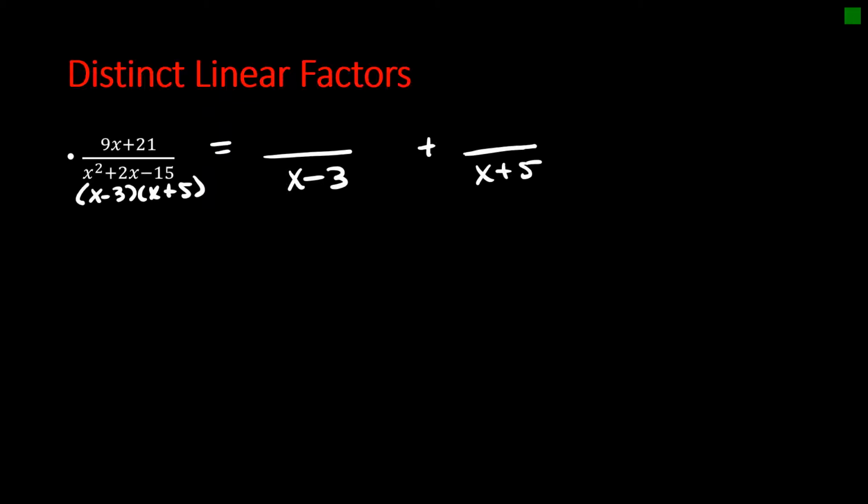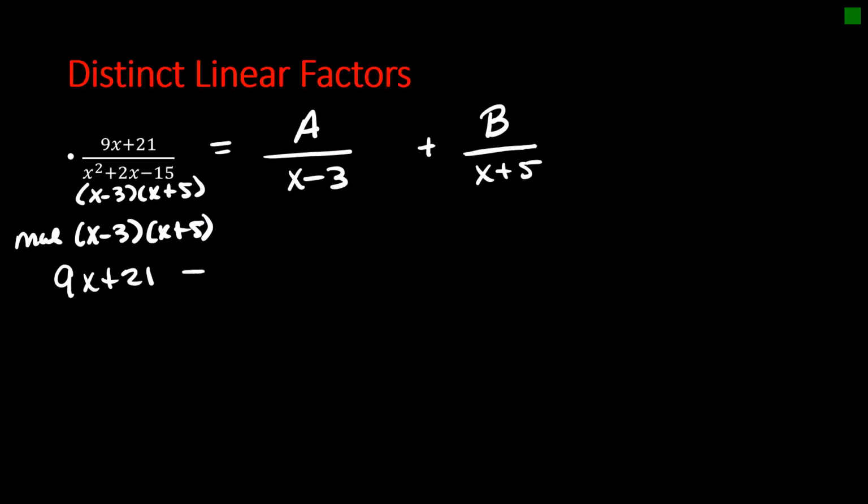And remember on the previous slide we said a general constant would go in the numerator, so we'll have A in the first one and B in the second one. So now let's multiply each term by the least common multiple of our denominators, which is x minus 3 times x plus 5. When we do that, the entire denominator cancels out of our first term, so we're left with 9x plus 21.